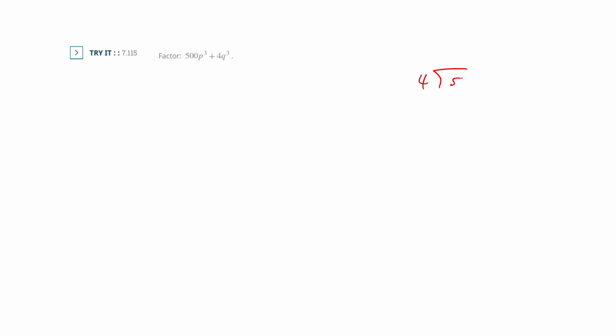Let's see. Yeah, so that makes sense. Okay, so we're pulling out a 4 here. Now, the only thing that's different about this, 1 has a cube root. It's 1. So we are now ready to do our cubic stuff.